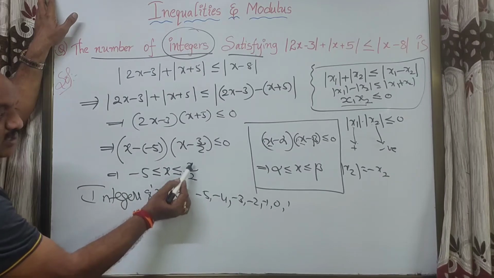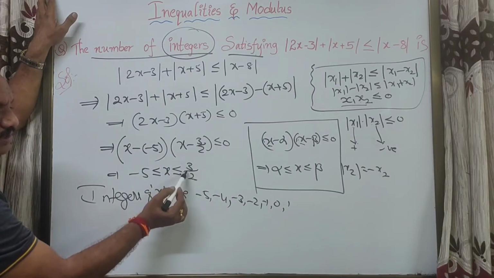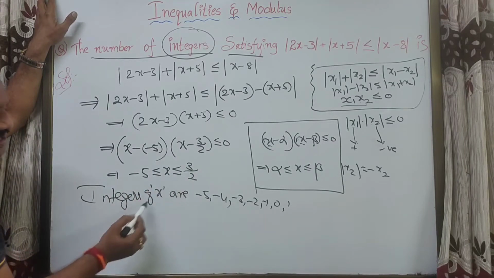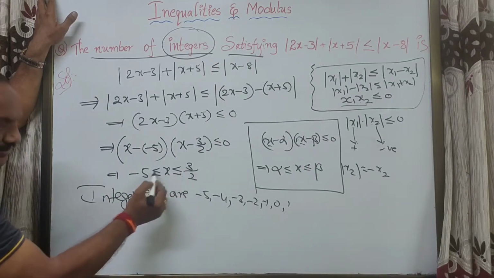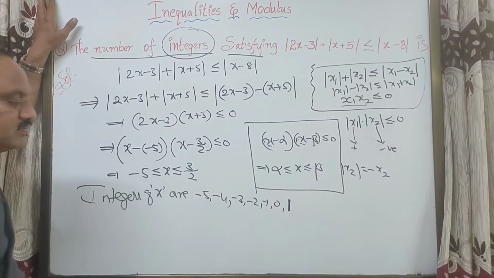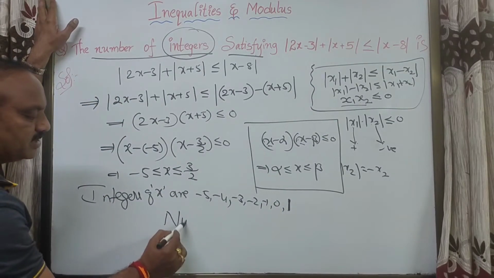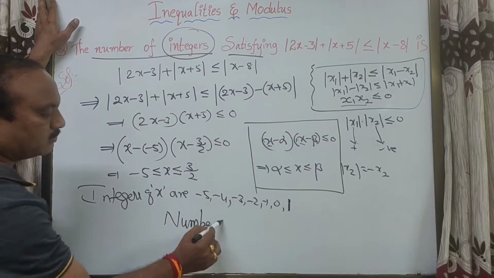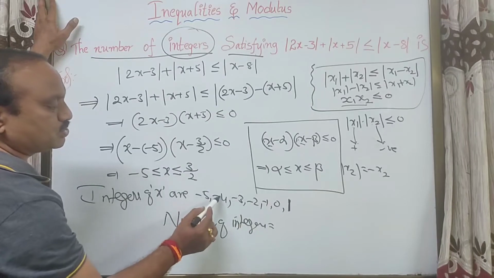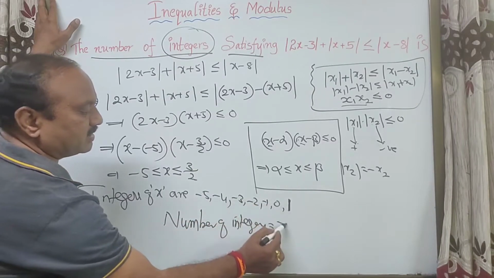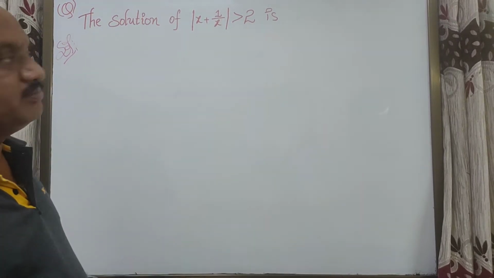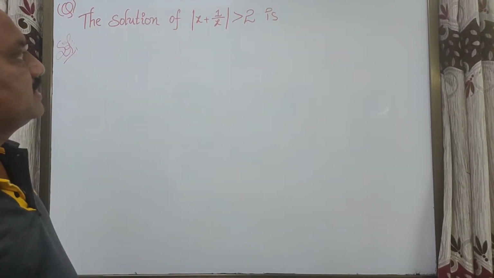Students, 3/2 is 1.5. The x value should be less than or equal to 1.5. Since the integer less than 1.5 is 1 only. Now the number of integers equal to 1, 2, 3, 4, 5, 6, 7. So the answer is 7.